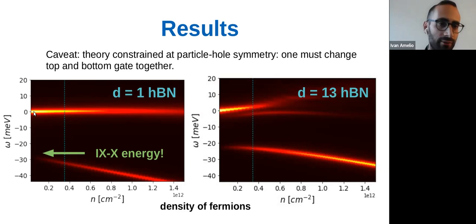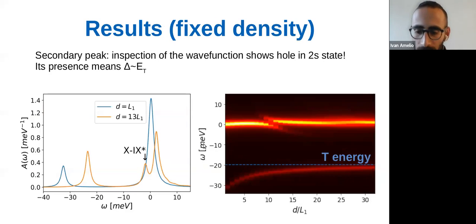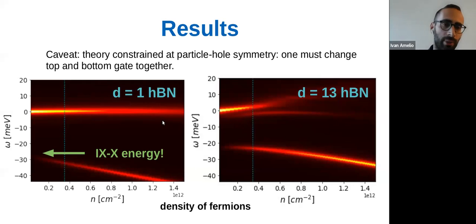Qualitatively it is not very different from what you see on the left. What you would see is that this repulsive polaron will blue shift in a more evident way.